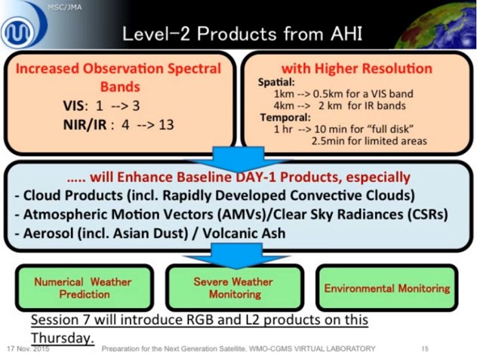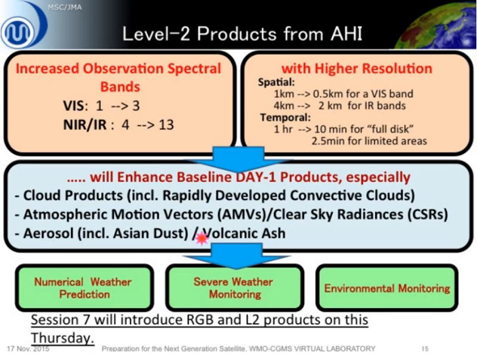And Himawari 8 observation improvement also enhances not only satellite imagery, but also level 2 physical products, such as cloud product and AMVs and CSRs and aerosol and volcanic ashes.